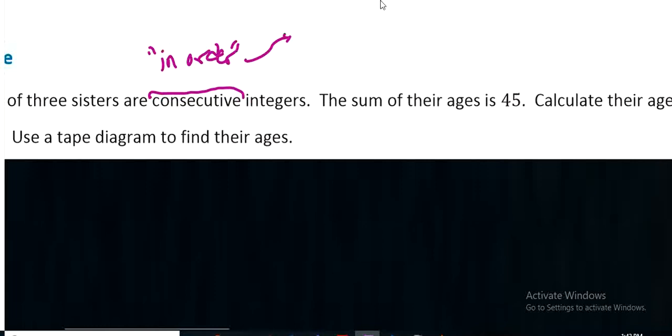So here's just a little background for you. We'll go with 1, 2, and 3. Those are consecutive. They're in order.